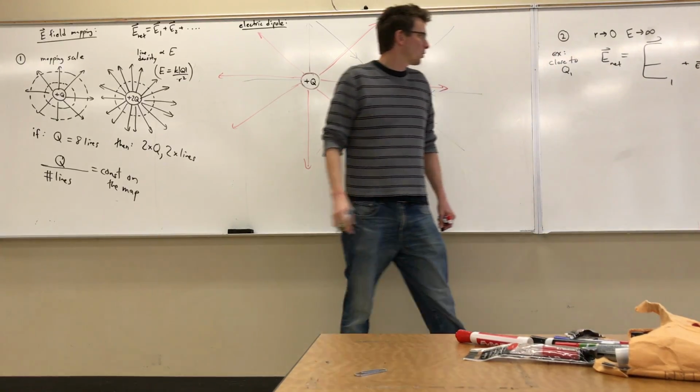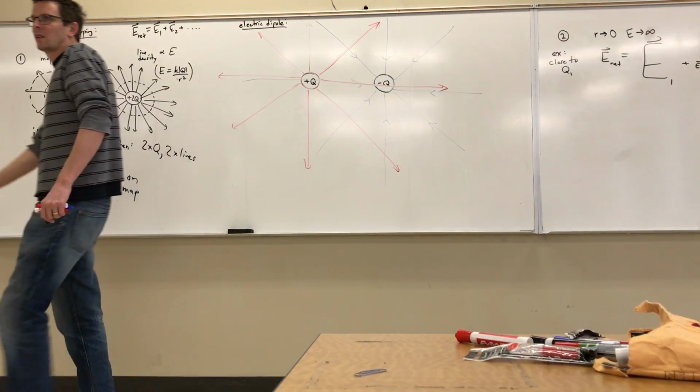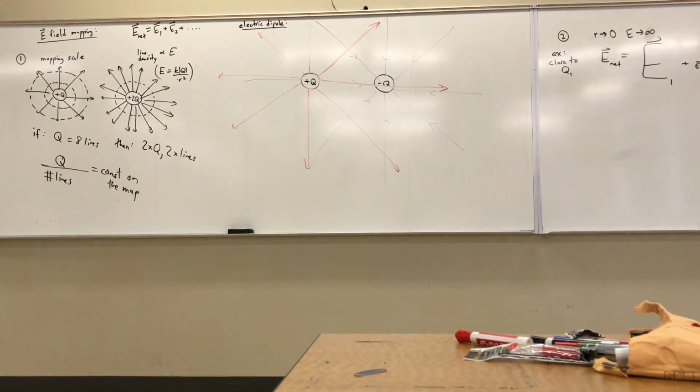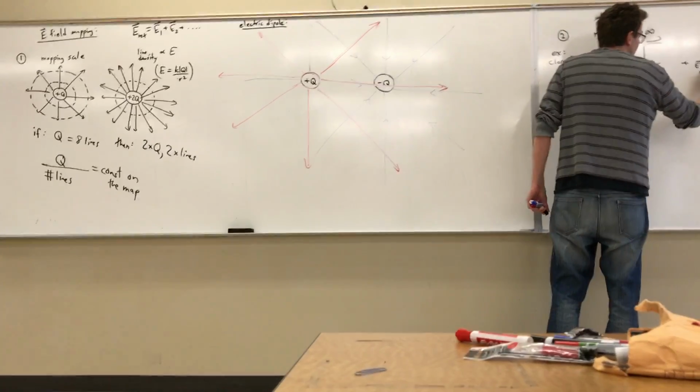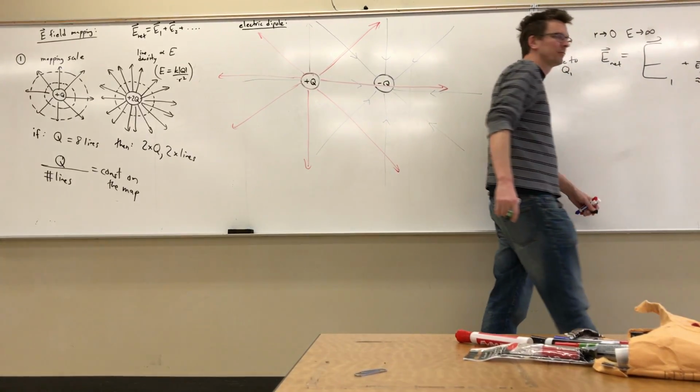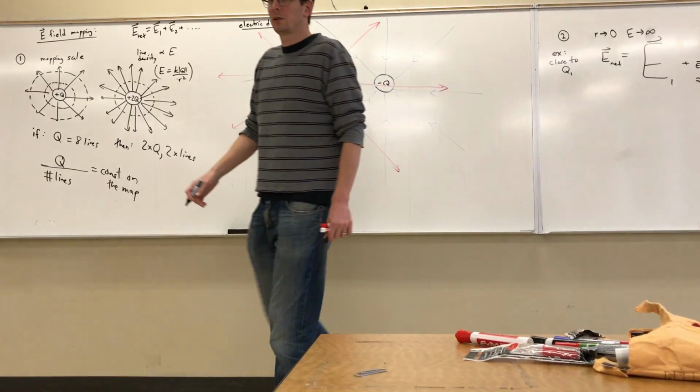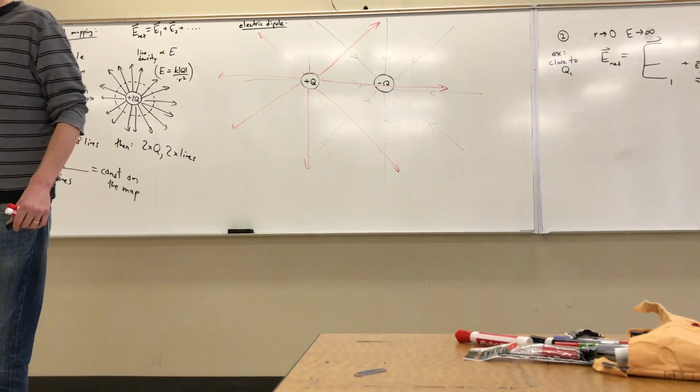So really close to charge 1, the electric field of charge 1 is definitely dominating the situation, and essentially I can neglect the other one because its contribution is going to pale in comparison.